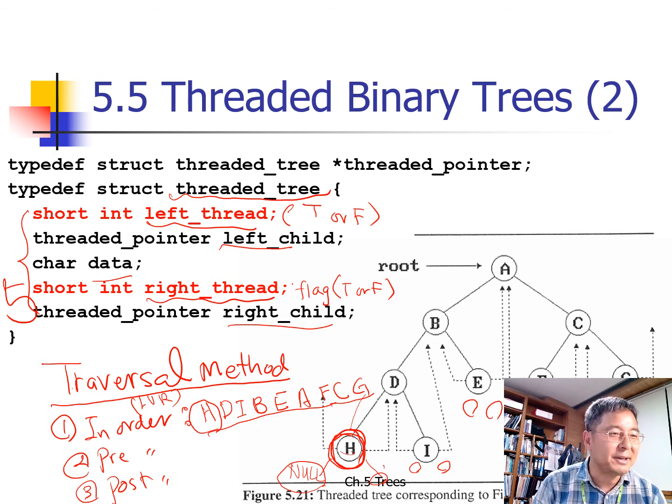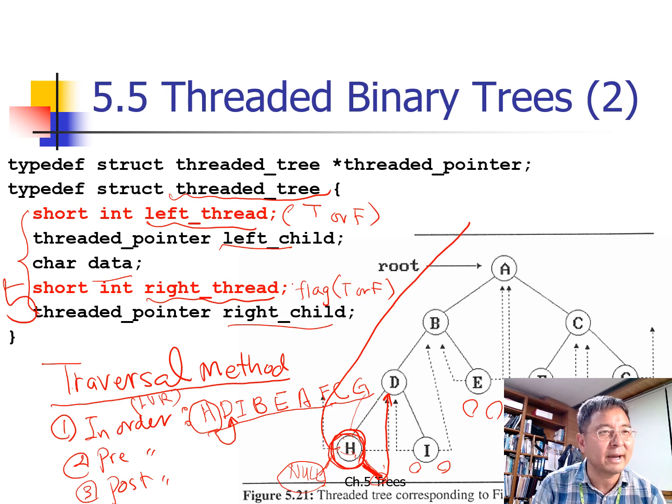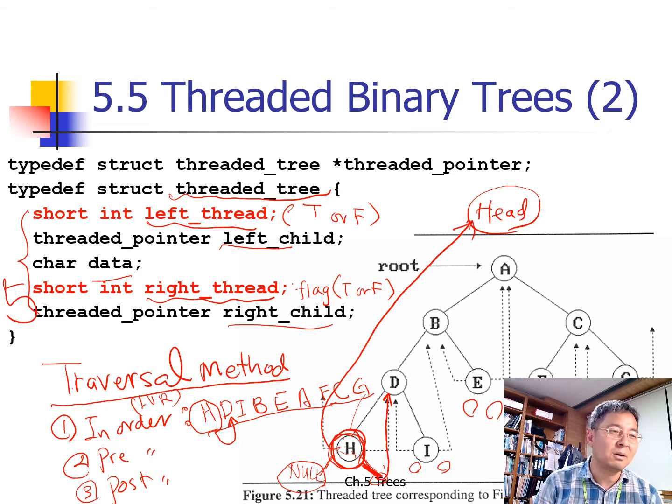At H, what is the next one? The next one is D. So I want to utilize the right link field. Currently it is null, but now I can utilize it. What is the next of H, and what is before H? Before H is the header node, if we have a header node here, because H is the first node to visit.